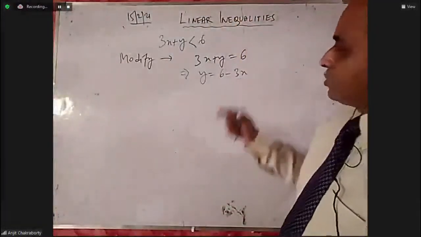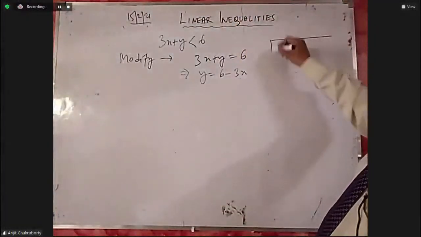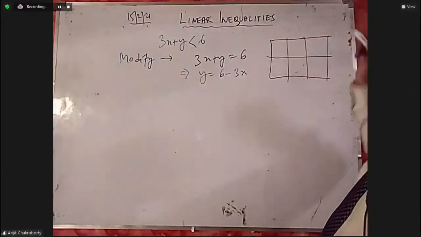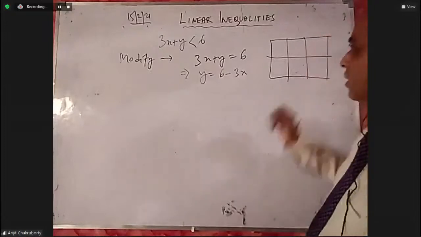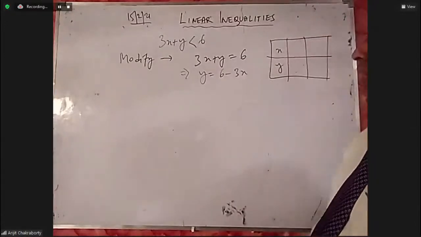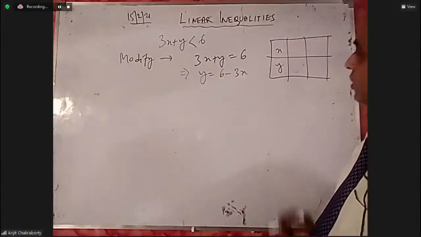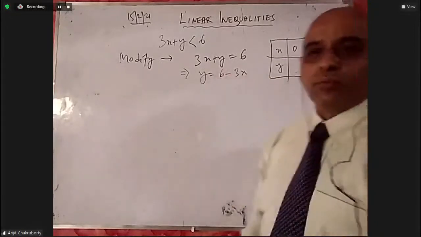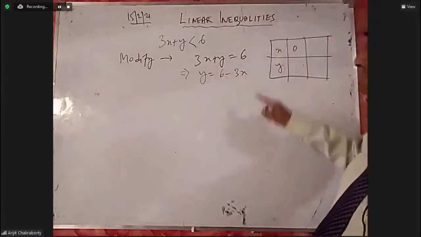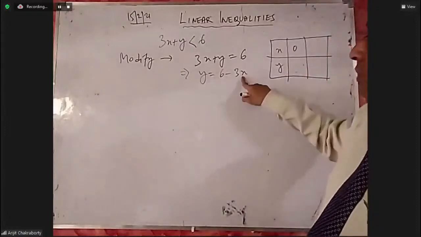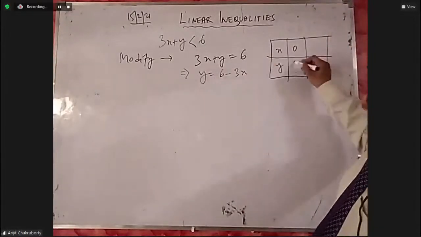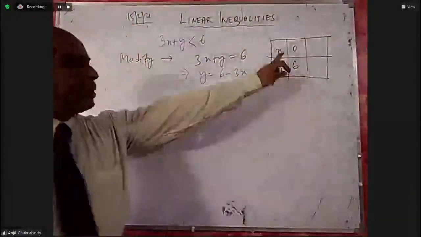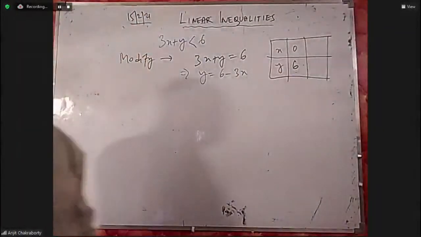So let me just do one thing. We draw a small table here, and this is the same thing which you also need to do. A simple table, I write x and y. Now, when x is equal to 0, what will be the value of y? Just check. If x is 0, then 3x is 0, so y will be equal to 6. So I find one point, 0, 6.